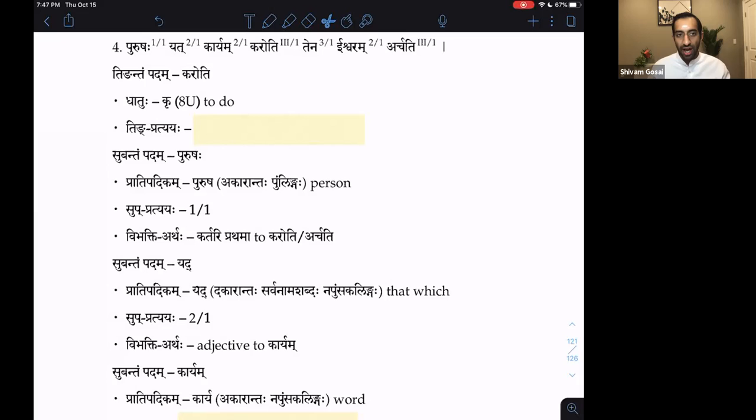It's an adjective to karyam, but karyam is karmani. It's karmani dvitiya to karoti, right? Does which karyam. So here it's an adjective to karyam. Notice that it could be an adjective to purusha if we want it to be 1-1, but here they're making the decision that it is an adjective to karyam.